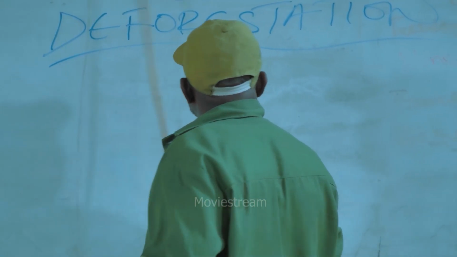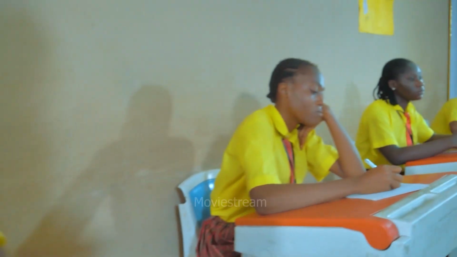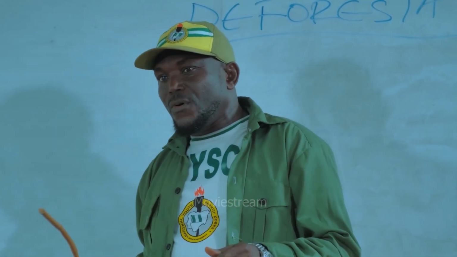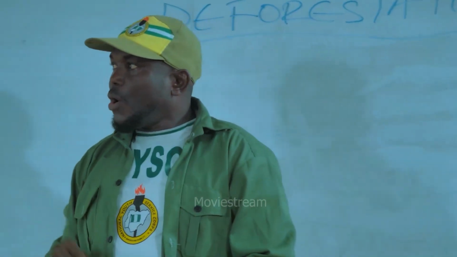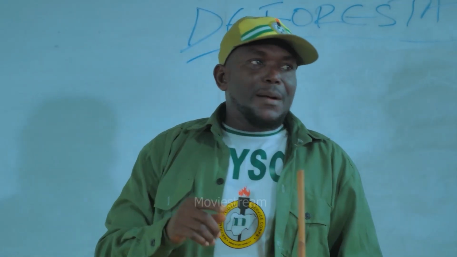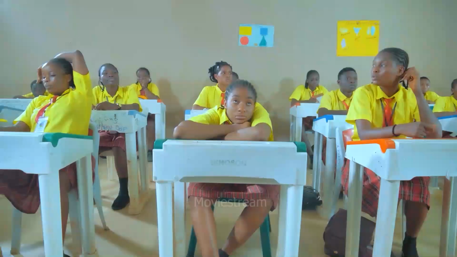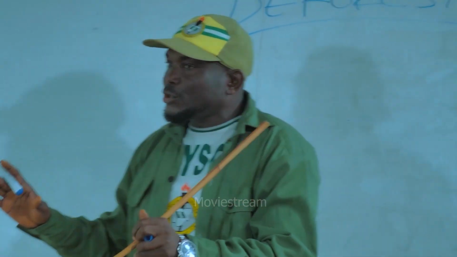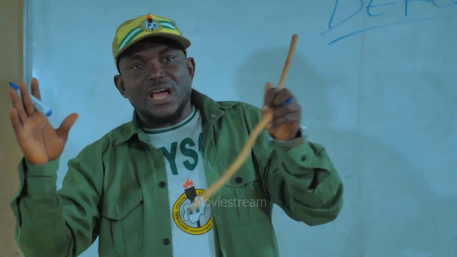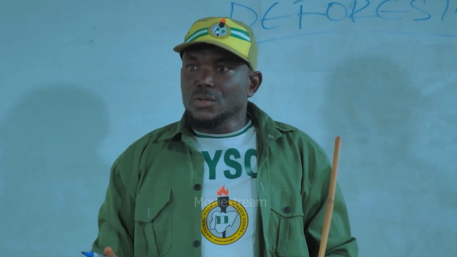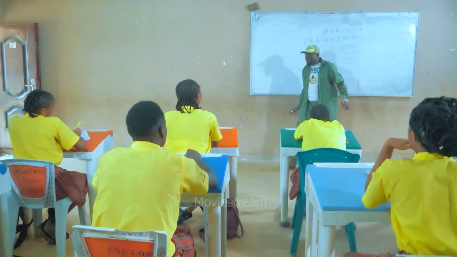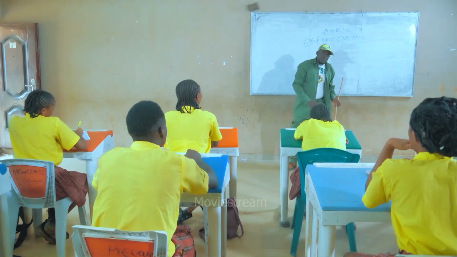Now, deforestation is a purposeful clearance of forest land. In simpler terms, it is falling down trees in a particular location for plantation. For instance, you want to make a farm for plantation of yam, cassava, and other products. You can clear a particular land, then give room for that plantation.